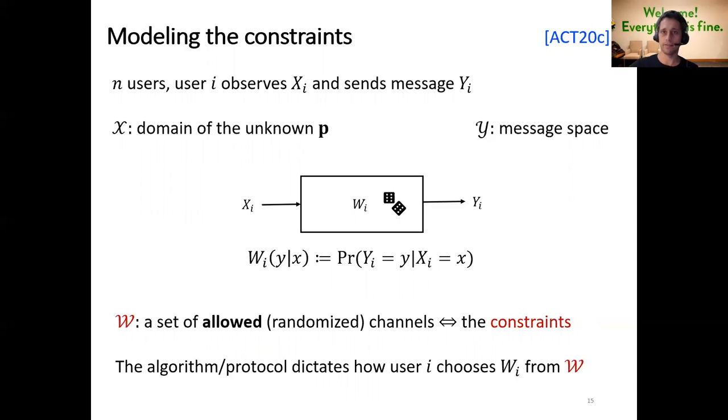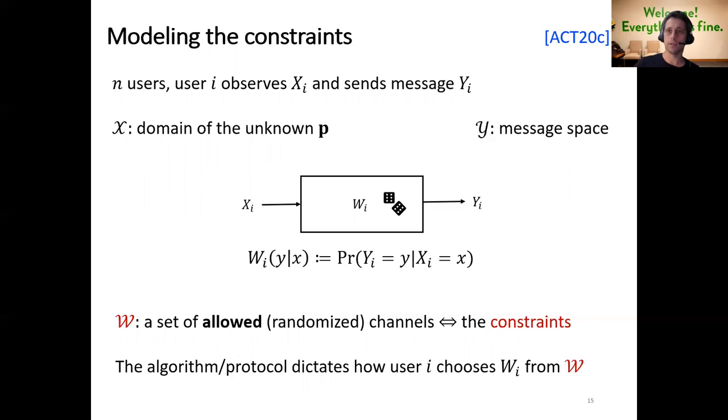That's where y_i lives. And we can formalize that in a very information theoretic fashion as that channel here, denoted W_i, which corresponds to user i. So x_i goes through that randomized black box W_i and becomes y_i.